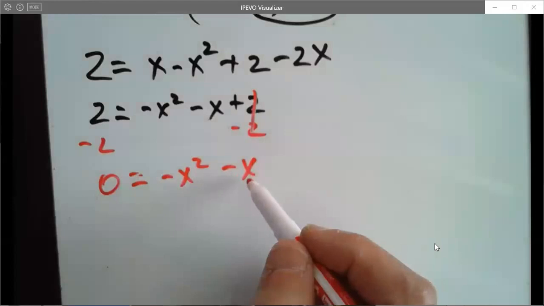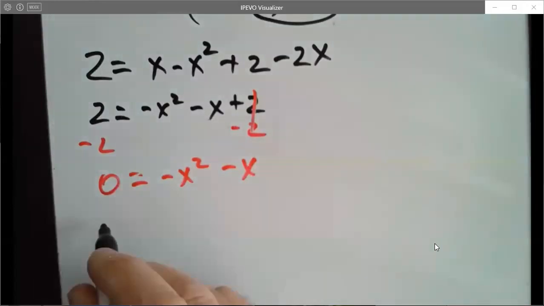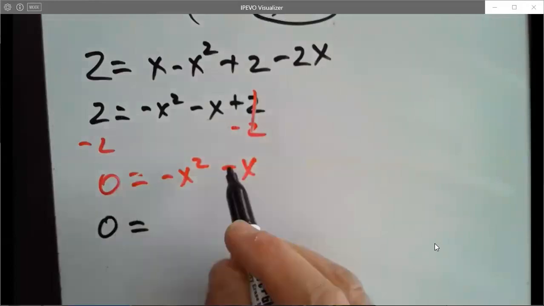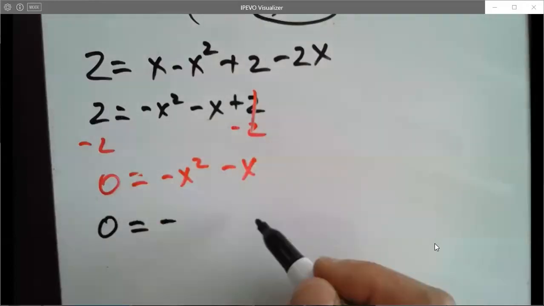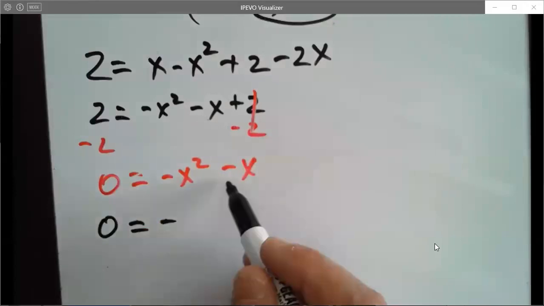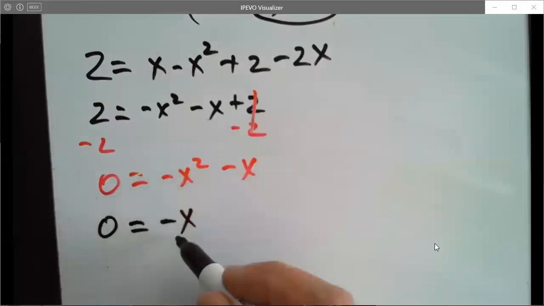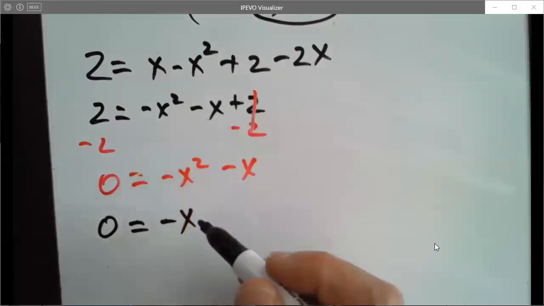Well, we can factor out a common factor here. The common factor is a negative, and what other common factor is there? You've got x squared and x, right? So you have a common factor of a negative x.